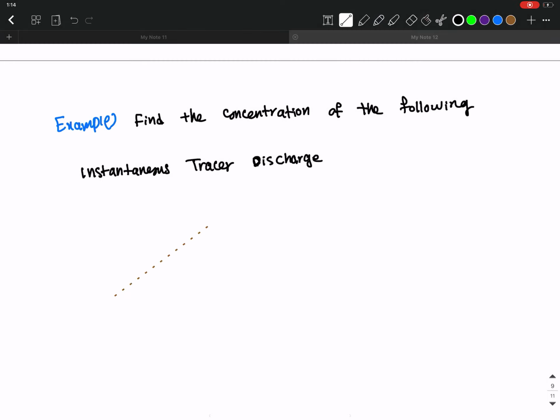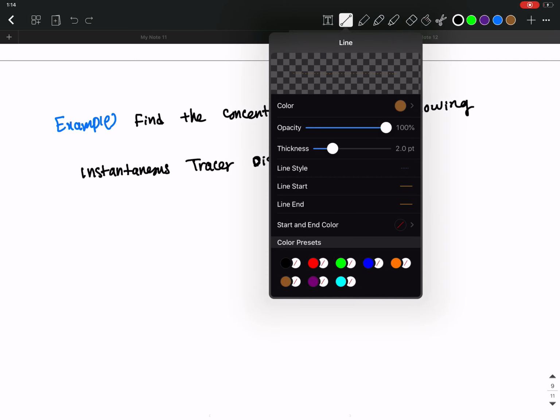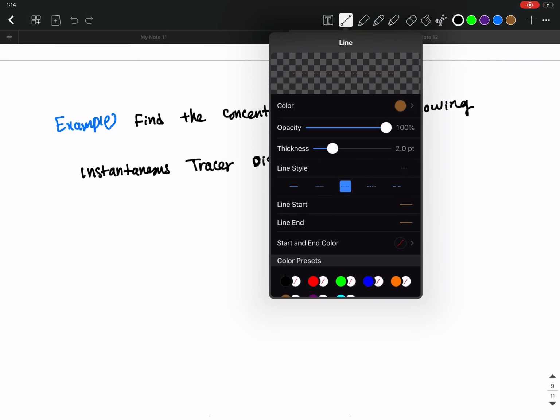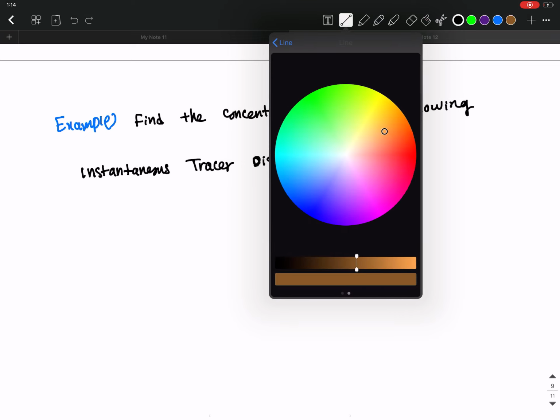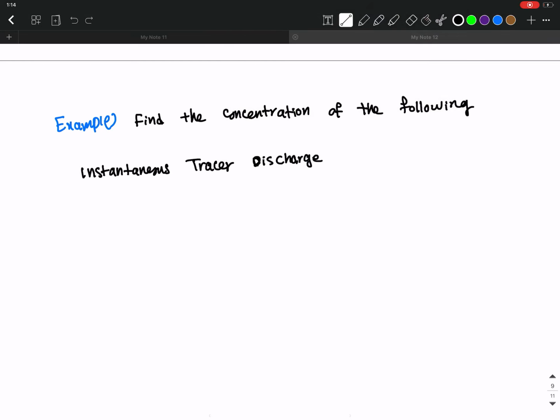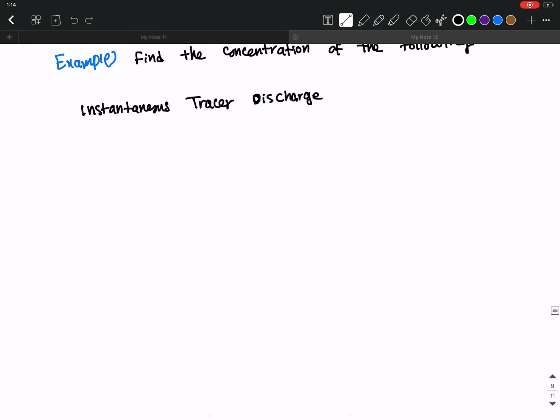So let me draw the domain that we have. I'm going to choose just black.